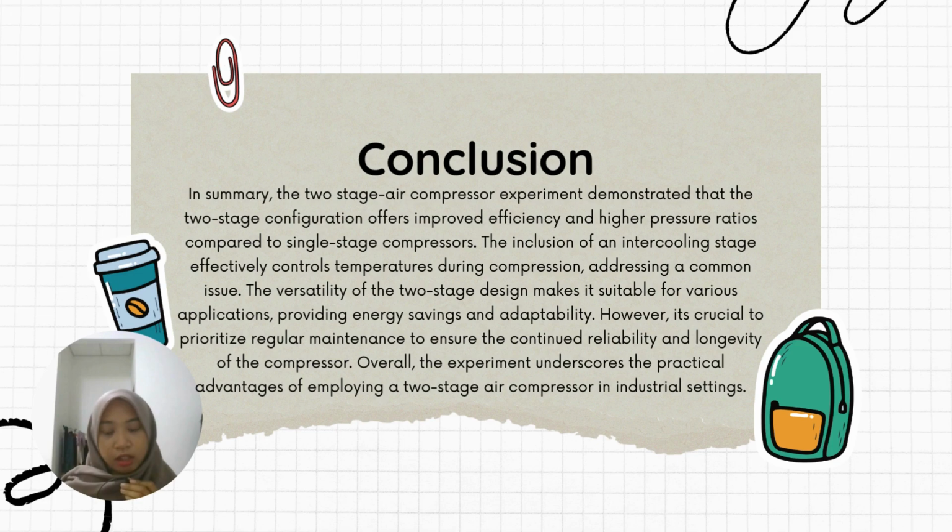The versatility of the two-stage design may be explored for various applications, providing energy saving and adaptability. However, it is crucial to prioritize regular maintenance to ensure the continued reliability and longevity of the compressor. Overall, the experiment underscored the practical advantages of employing a two-stage air compressor in an industrial setting.